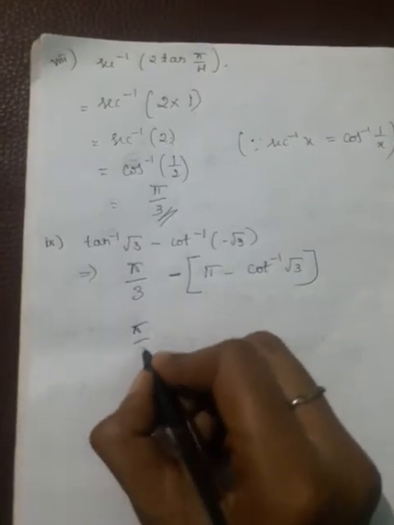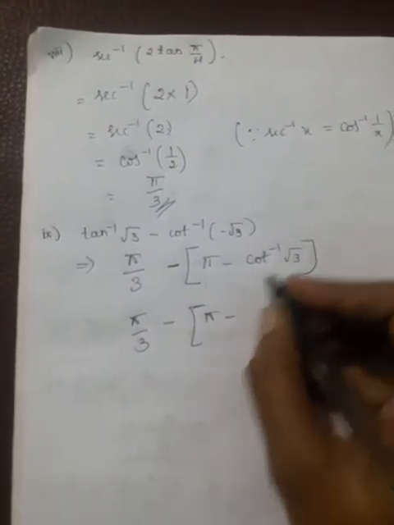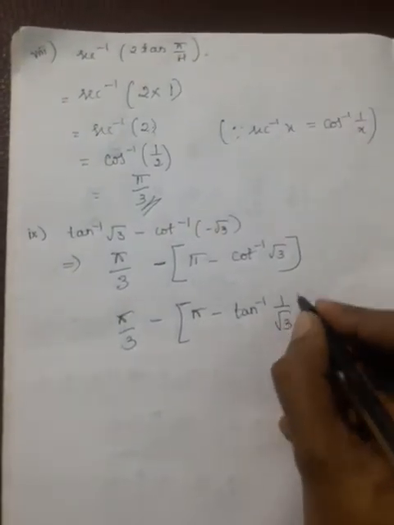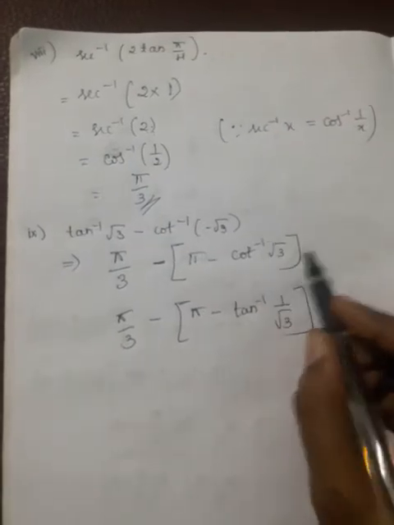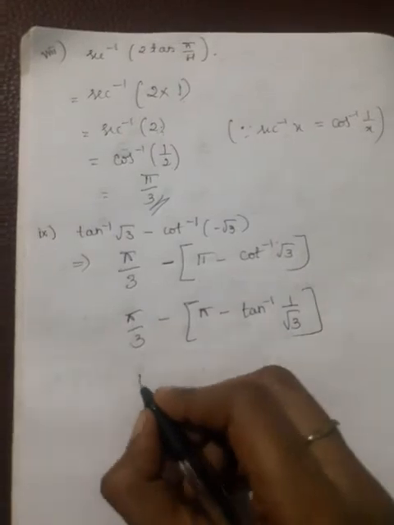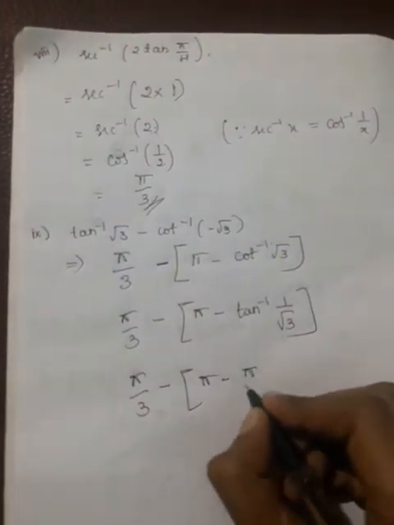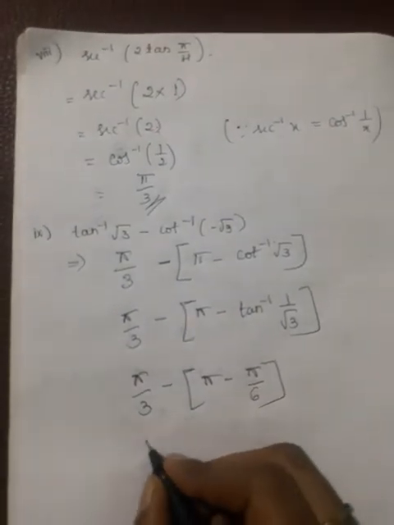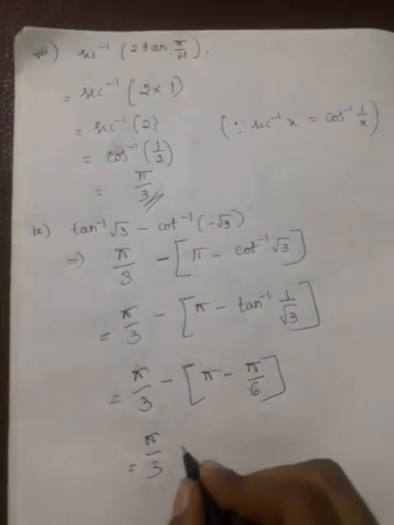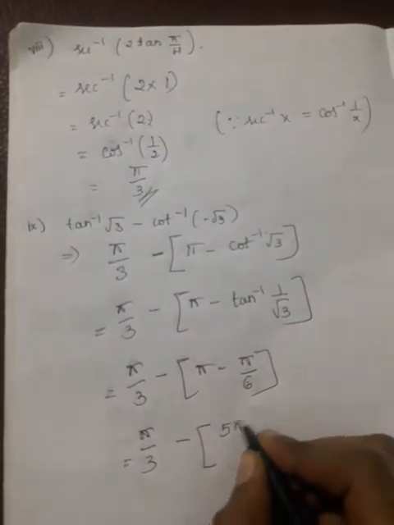This is again pi by 3 minus pi minus cot inverse of x is equal to tan inverse of 1 by root 3. This is because cot inverse of x is equal to tan inverse of 1 by x. That is pi by 3 minus pi minus 30 degree. Correct? This implies pi by 3 minus 6 1s are 6, 6 minus 1 is 5 pi by 6.